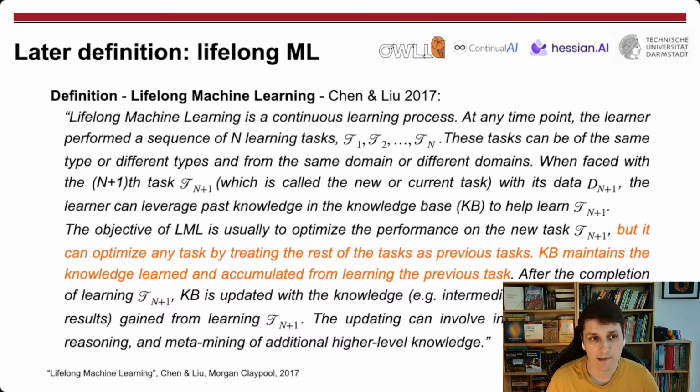A lot of the ideas are still the same as before. The additions here are mainly that of a knowledge base, more specifically, and the part that I've marked in orange here, which reads that it can optimize any task by treating the rest of the tasks as previous tasks, and the knowledge base maintains the knowledge learned and accumulated from learning the previous tasks.